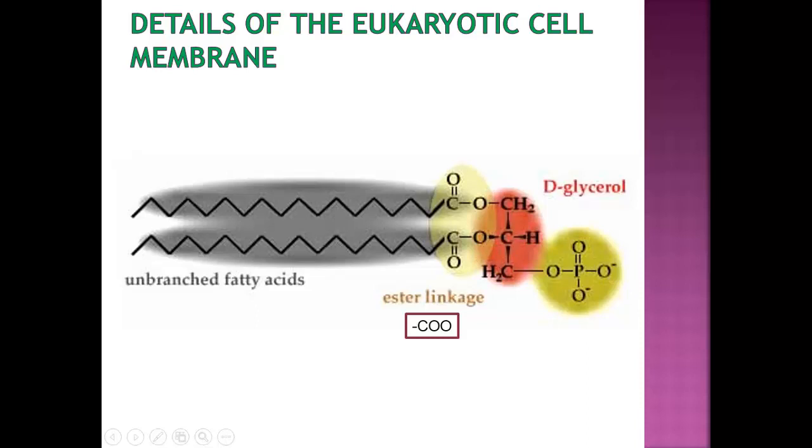When these side chains of fatty acids are added to the glycerol, the organism uses ester linkages in which one oxygen molecule is used to form the link with glycerol, while the others protrude to the sides. And finally, in terms of stereochemistry, it is the D-glycerol that is used in eukaryotic membranes.